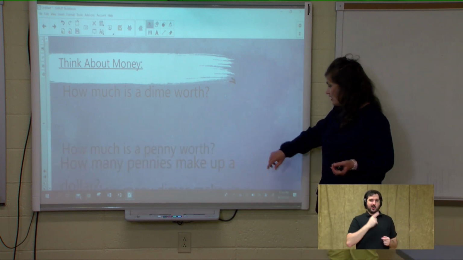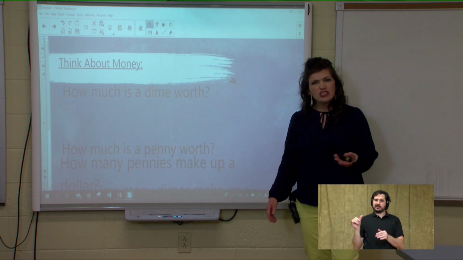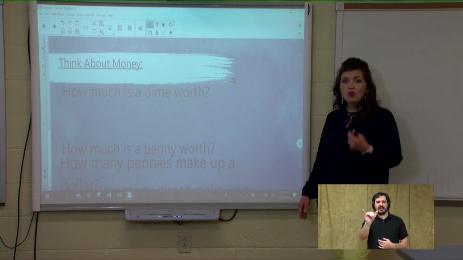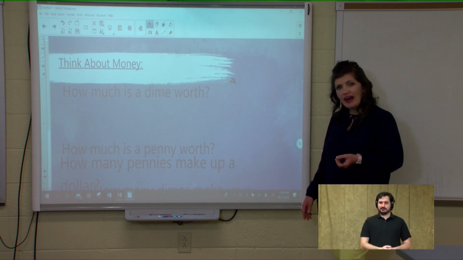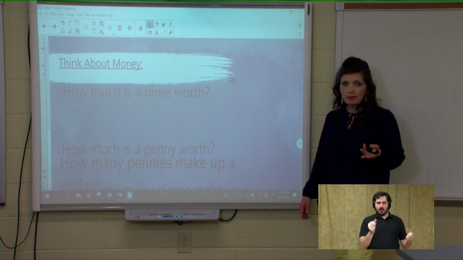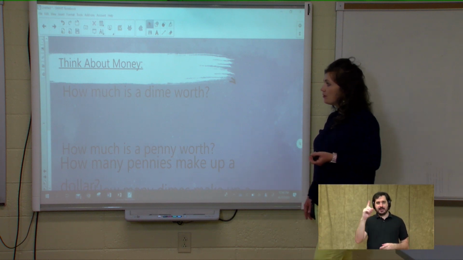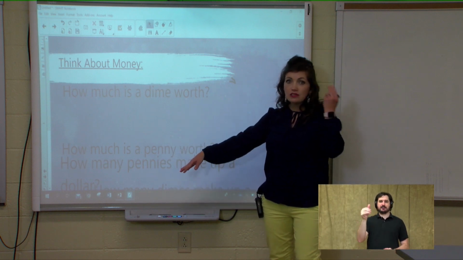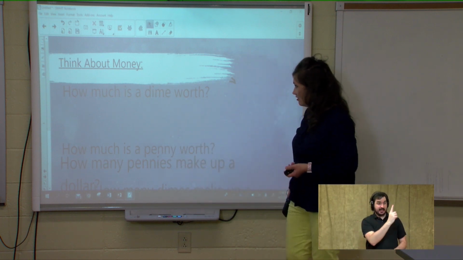Well, now let's think about pennies. How much is a penny worth? 1 cent, right? Well, how many pennies do you have to have for $1? 100 pennies. So we could think about our dimes as our tenths and our pennies as hundredths.